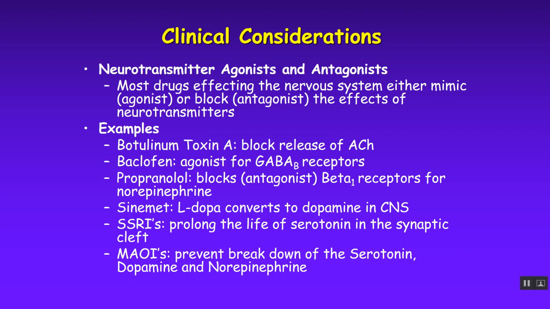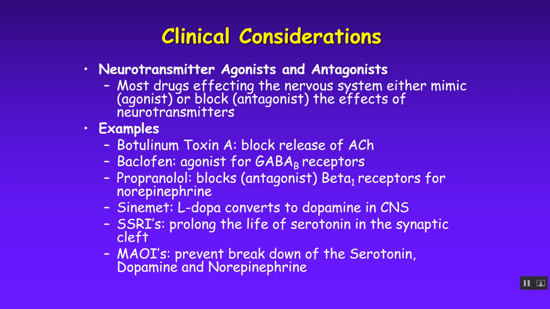So they're either trying to mimic a neurotransmitter and bind to the receptors that they're supposed to cause a certain action that's similar to what your nervous system would do, or they're trying to block those receptors or break down those neurotransmitters so they can't do that activity. So if they're trying to mimic it, they're an agonist. If they're trying to block or break down, they're antagonistic to that neurotransmitter, okay?